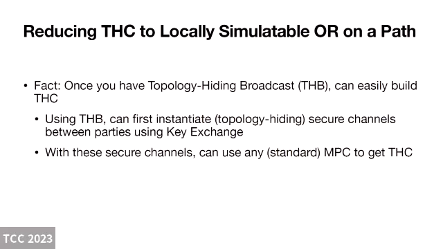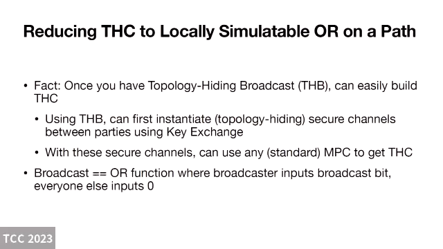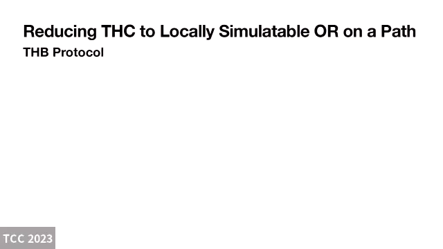And then with these secure channels, just use any standard MPC to get THC. Okay, and then broadcast itself can be instantiated by just the OR function, where the broadcaster inputs the broadcast bit, and then everyone else inputs 0.